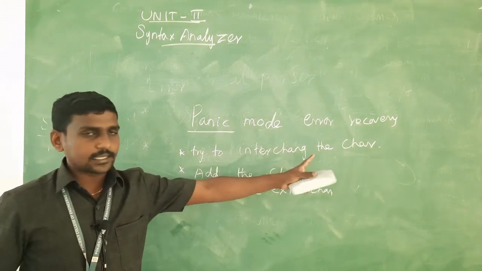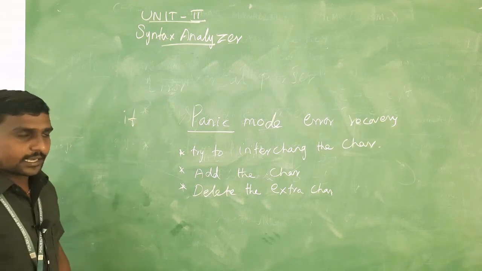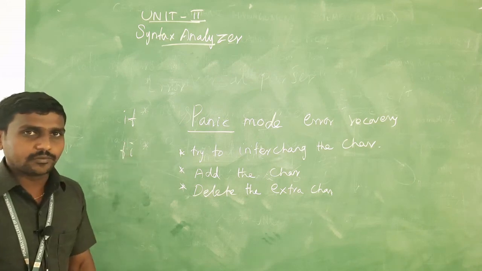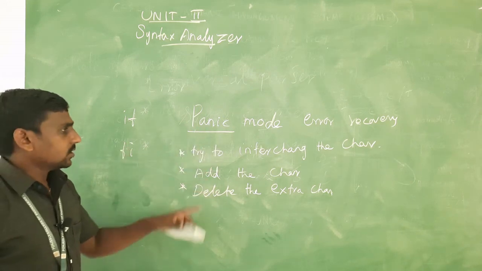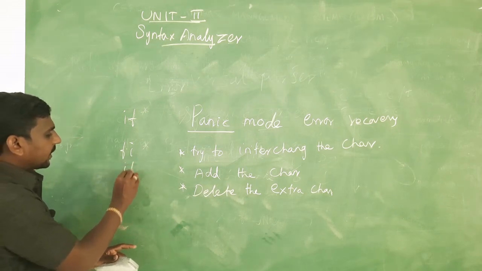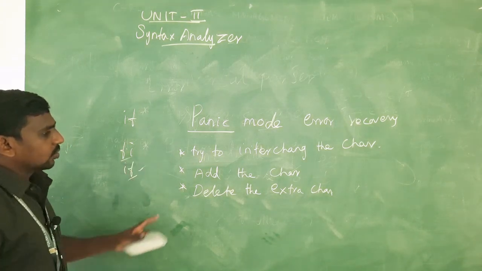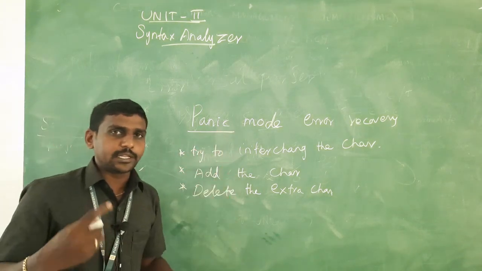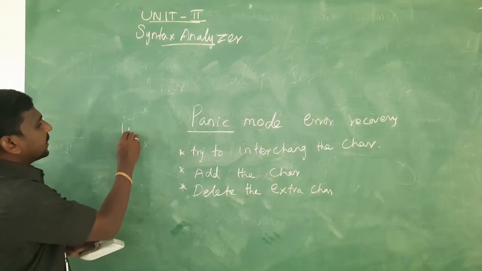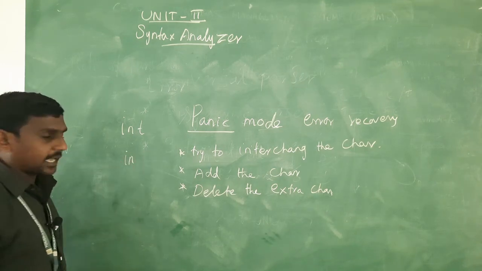So, try to interchange the character. For example, if is a keyword, but sometimes the programmer may put fi. Fi is not a keyword. So panic mode error recovery will try to interchange the characters, and automatically it finds if. Now the keyword is correct. Next, try to add a character. For example, int is the correct keyword, but sometimes the programmer may write in.